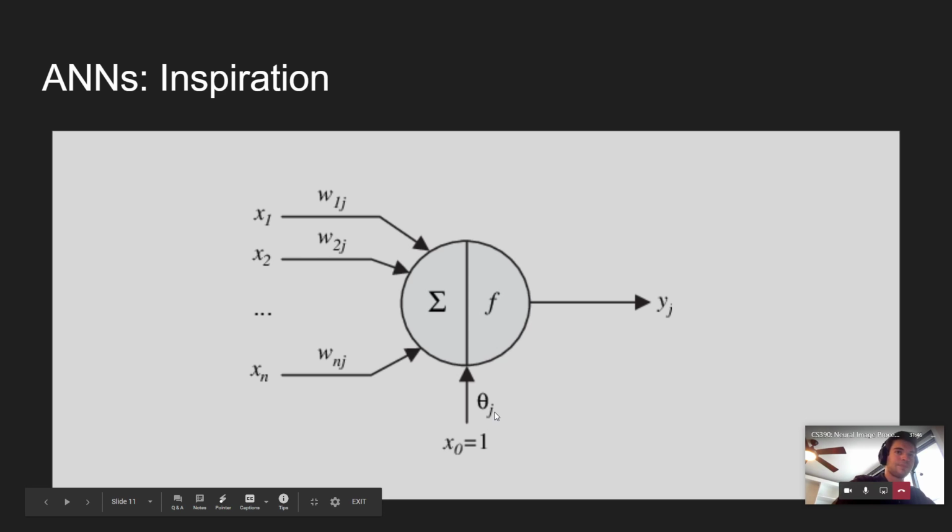You can think of it as a number that is just added into the sum, and that is a learned parameter, but really the best way to think about it is an input that is always 1. It still has a weight, like we see here. In this case, we called it theta, but it is a constant size one input with a weight that can be learned.